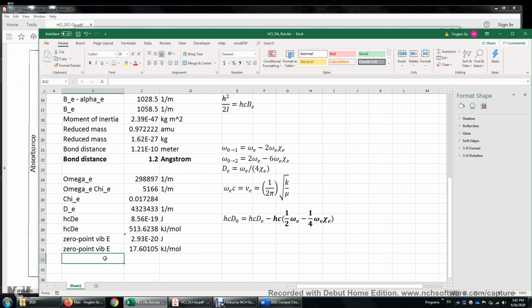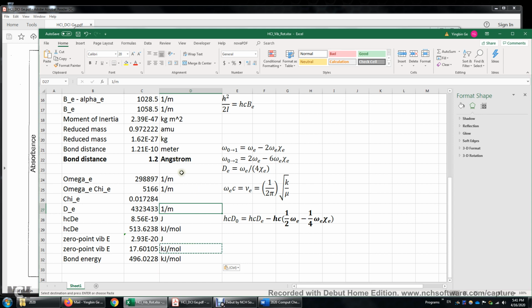So the bond energy equals the depth of the potential energy well minus the zero-point vibration energy. The unit is kilojoule per mole. Now we have the bond energy of this HCl-35 molecule. You will see if you have HCl-37, DCl-35, DCl-37, you will get very similar bond energy. I'll let you think about the reason.